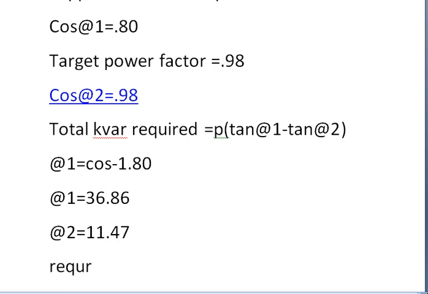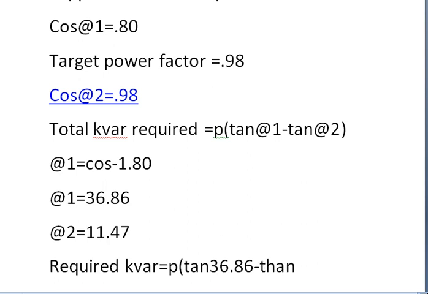So required kvar is equal to power into tangent of phi 1, which is 36.86, minus tangent of phi 2, which is 11.47, close bracket.